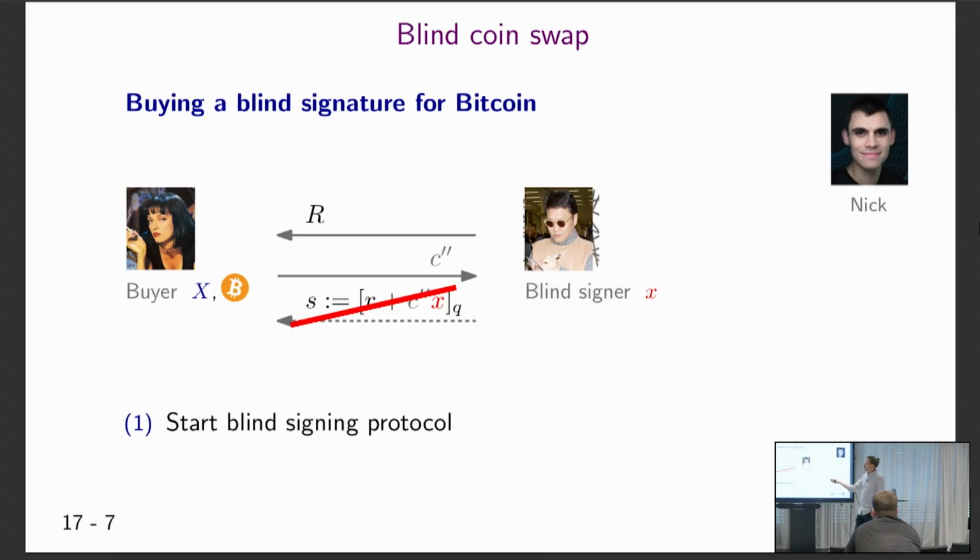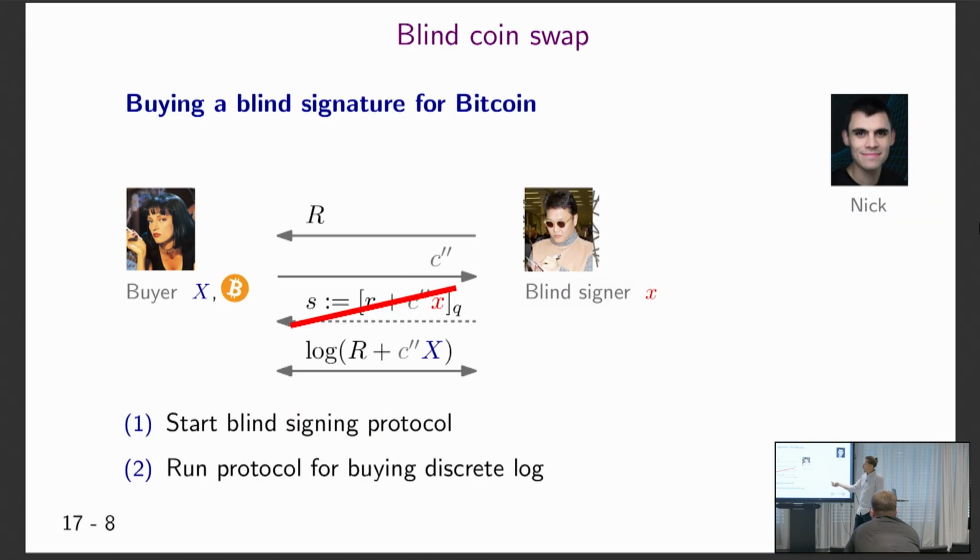But they use a protocol to buy a discrete log, which uses adapter signatures. Unfortunately, for time reasons, I won't go into that, but it's very simple and very cheap to do. So that now shows us that, since we have this blind signing protocol for Schnorr signatures, we can do these anonymous payment channels in a much more efficient way.